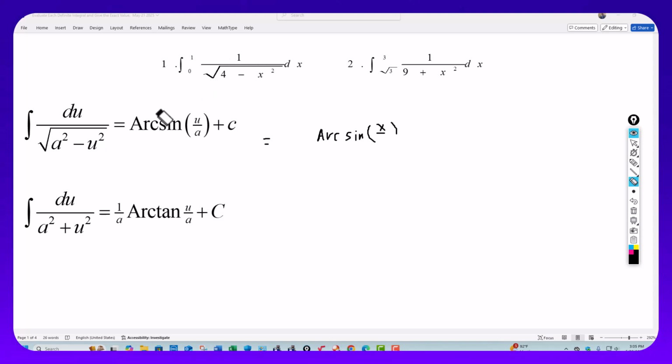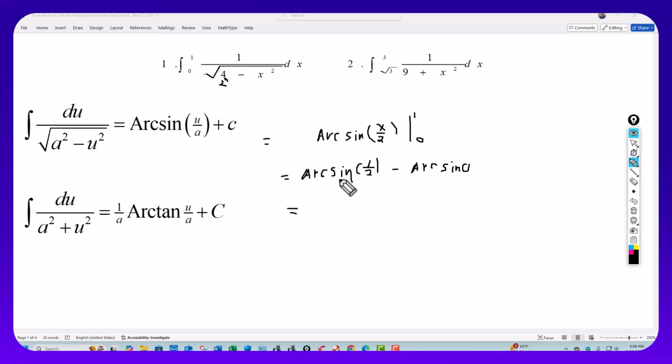The integral of this, according to this formula, would be arcsine of x over a. In my case here, this is 2 squared, so a would be 2. So it's arcsine, or sine inverse, of x over 2, and then we just put the limits from 0 to 1. So we evaluate at 1, get arcsine of 1/2. And then it's minus the evaluation of the lower limit. So this would be arcsine of 0.